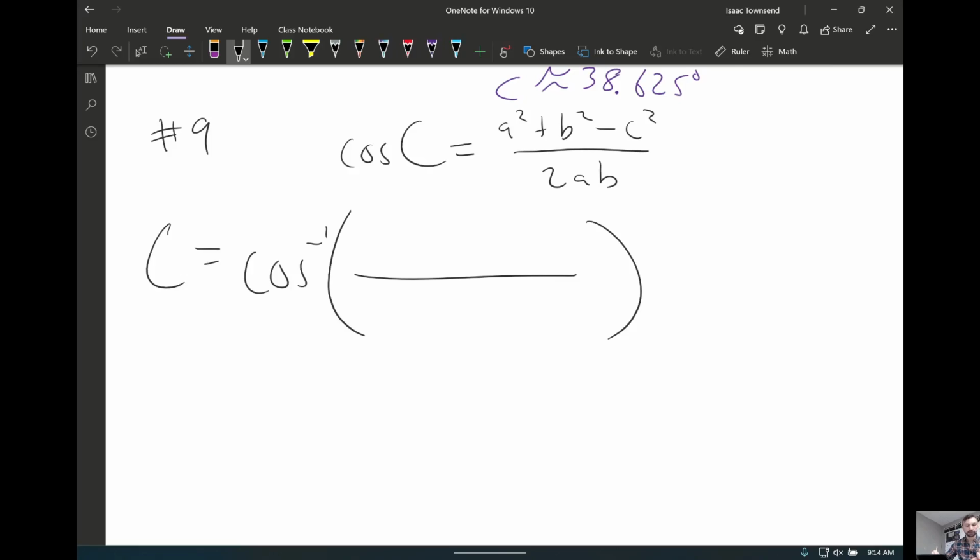Yeah, it's 18.59. Okay, now that's rounded a little bit, so this is going to be off a little bit too, but plus b squared minus c squared over 2ab.